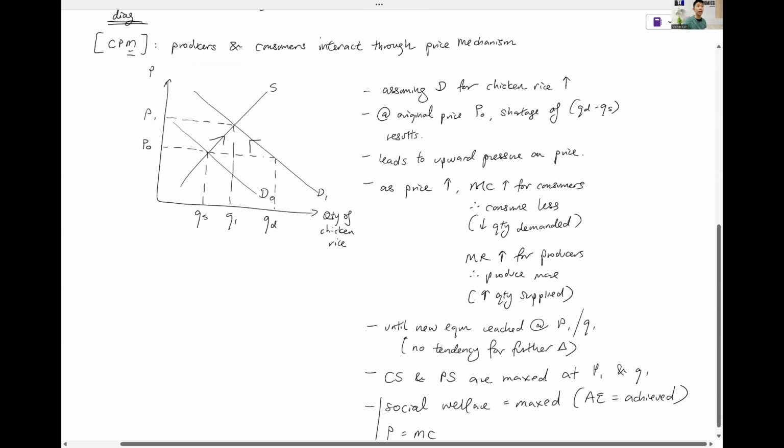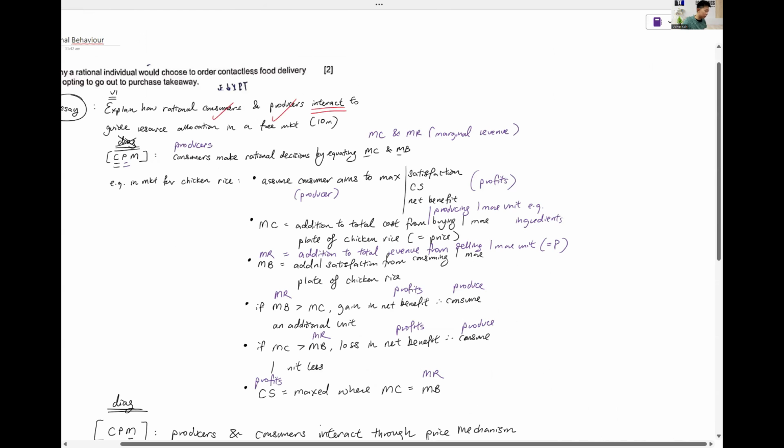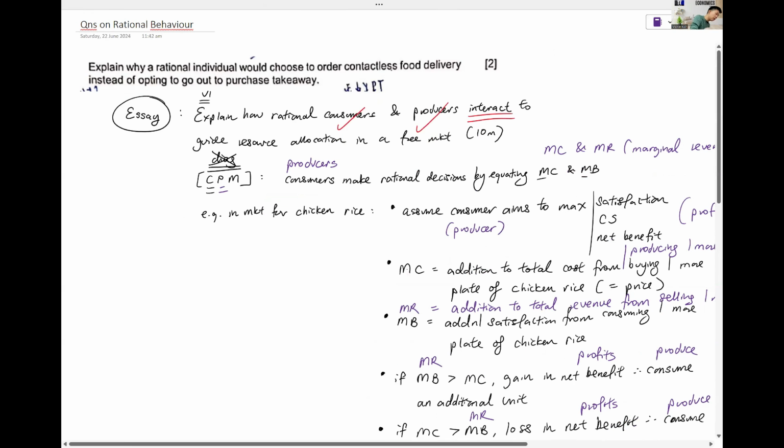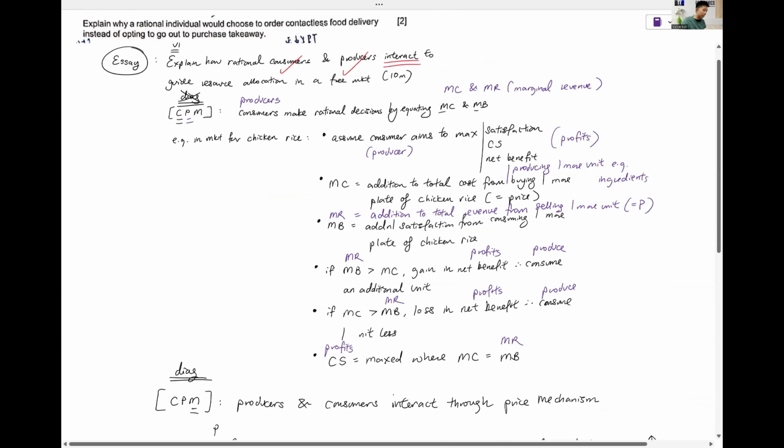Version 2, okay? If this comes out in another version, okay, because version 1 is when they ask you how rational consumers and producers interact.